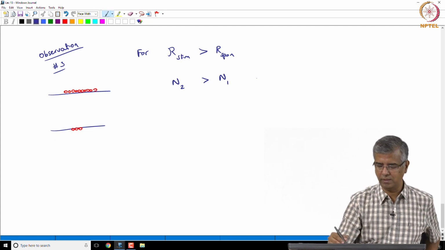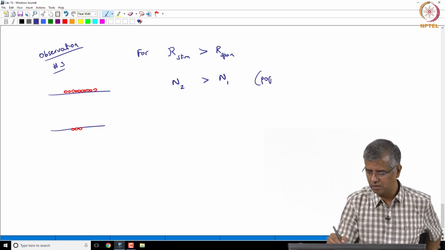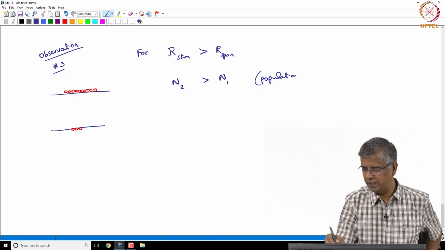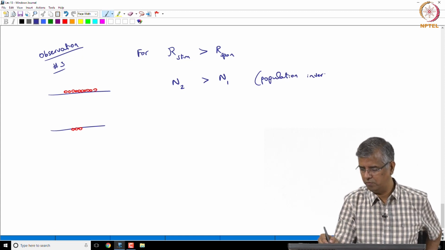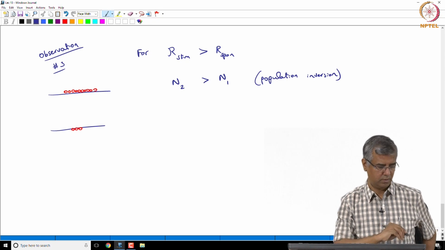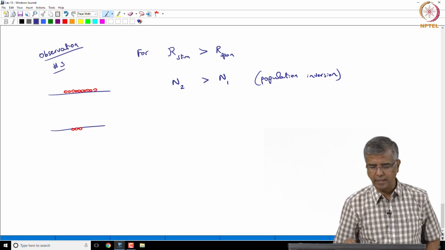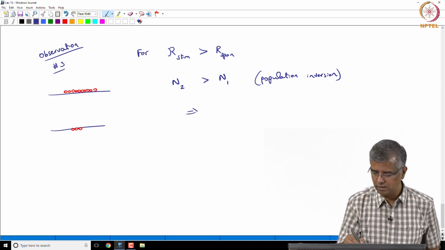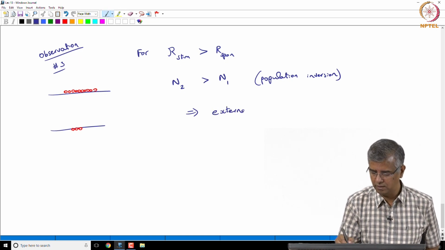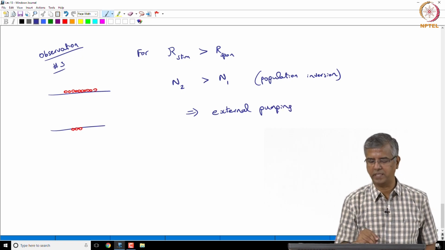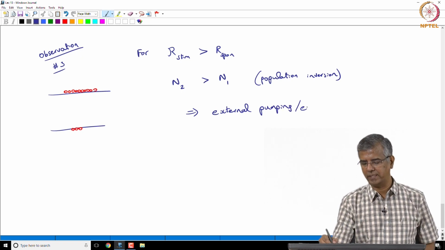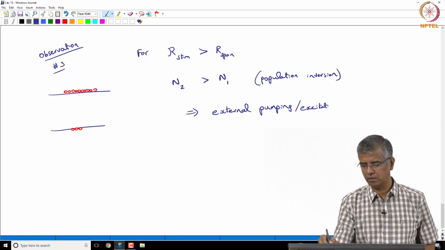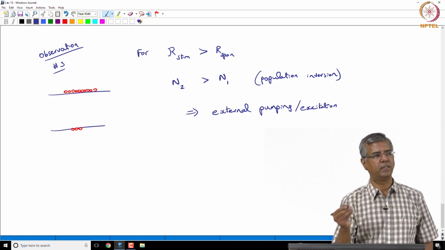This is a condition that we call population inversion, and this is accomplished by external pumping or external excitation other than thermal excitation.